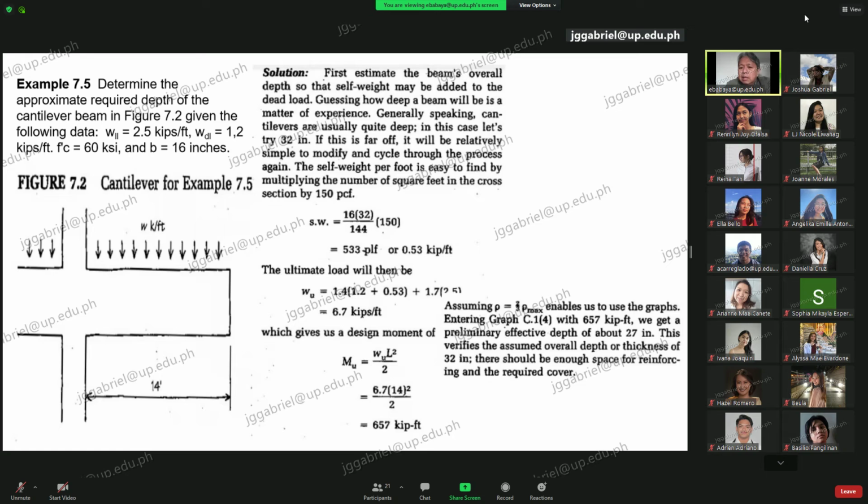So, we give an extra allowance for cover. When you say cover, from the outermost reinforcement, dapat may concrete pa yan. It's around 1.5 inches concrete.